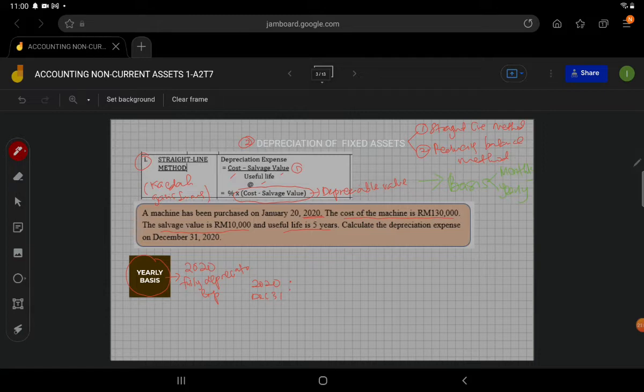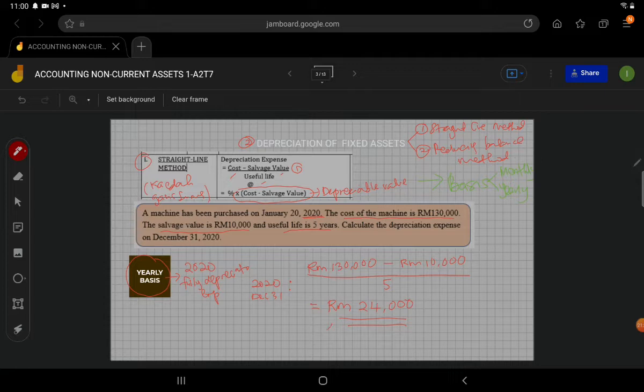Jadi, the cost of the asset 130,000 minus the salvage value 10,000. So, kita akan divide. The useful life is 5 years. And we get how much? 24,000. So, this is the depreciation expense, okay, for the year 2020.